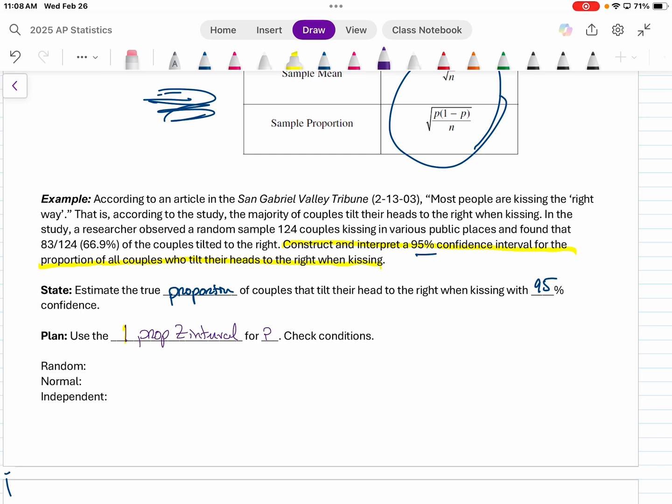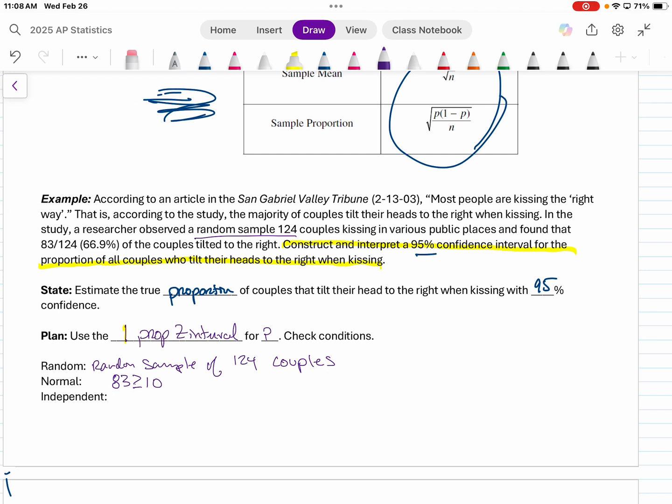So random. They said random sample of 124, so a random sample of 124 couples. Normal. Again, you could get away with 83 is greater than or equal to 10.